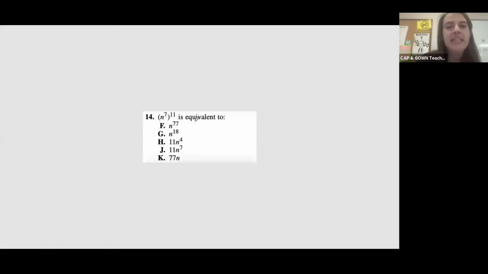All right, 14. 14 is another awesome one because this one scares a lot of kids because we have these huge exponents. But if you can remember your exponent rules, I'm going to write some of them over here for you guys to put down in your notes. So exponent rules are when you have power to power, which is the one we're looking at now.